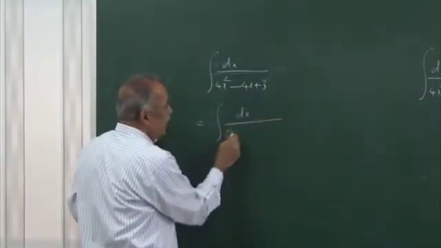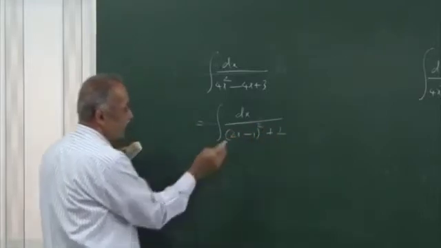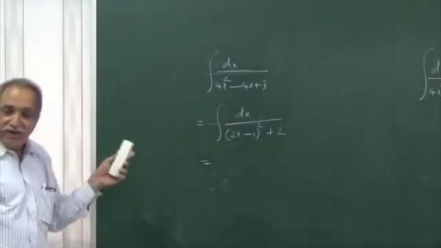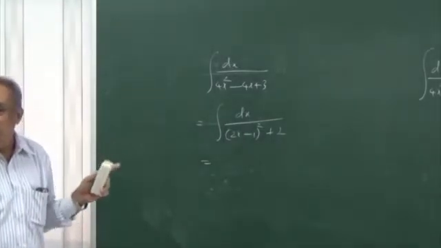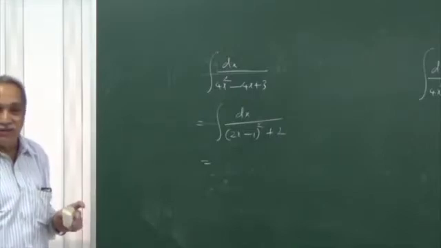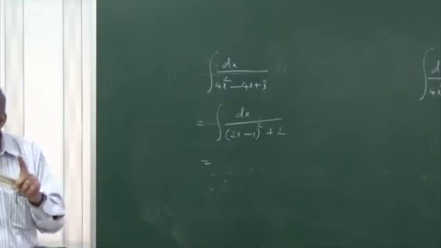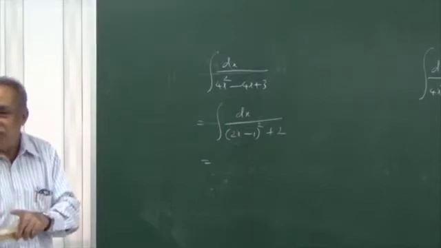Apply the method of completing squares. Do we find the integrand in a standard form? Yes. We find it in the form 1 by x square plus a square with the x replaced by 2x minus 1. For 1 by x square plus a square, I know the integral is 1 by a tan inverse x by a.